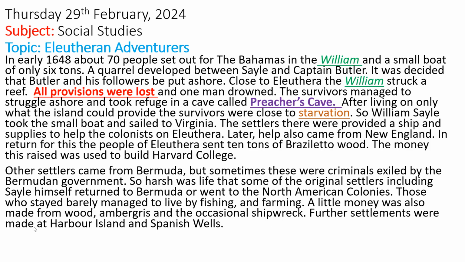Describe life in Eleuthera. The life in Eleuthera was harsh because all the exiles and criminals came there and they barely had enough supplies to survive, so they had to fish and farm and make money from selling wood and raiding the ships that wrecked. Okay, very good. And the soils were not good enough for them to farm.